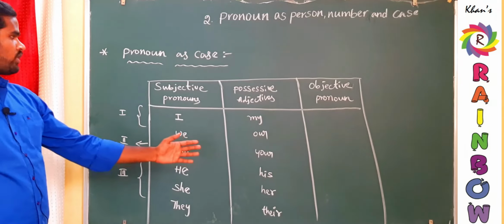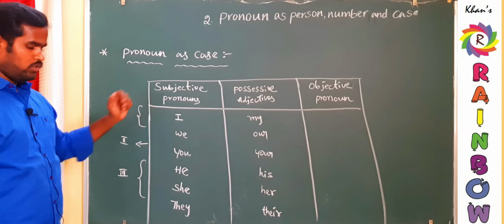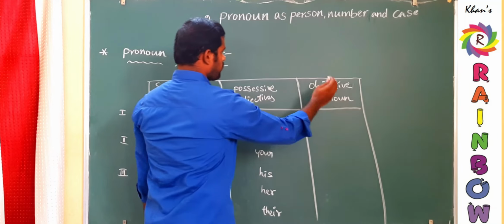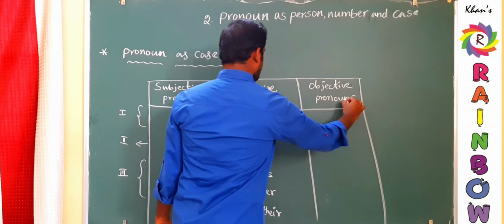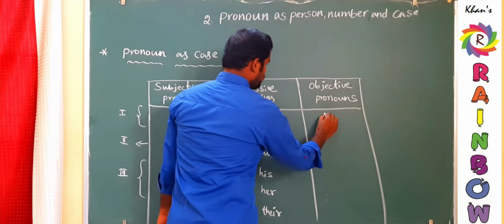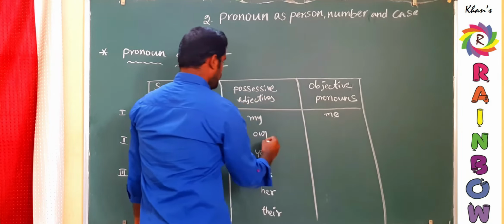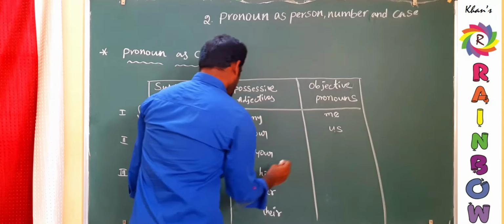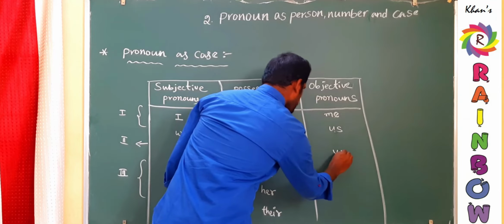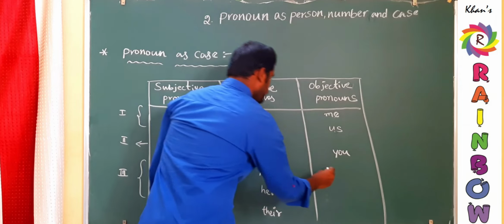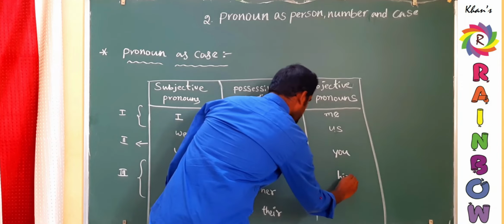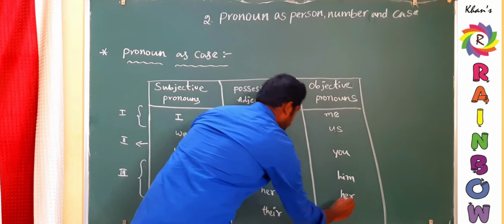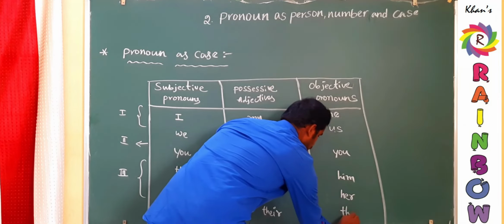These are the possessive case for these pronouns. And then let us see objective case, objective pronouns. So I becomes me, and we becomes us, and then you becomes you, and then he objective case is him, and then she objective case is her, and they objective case is them.